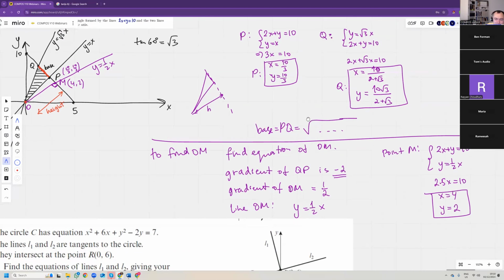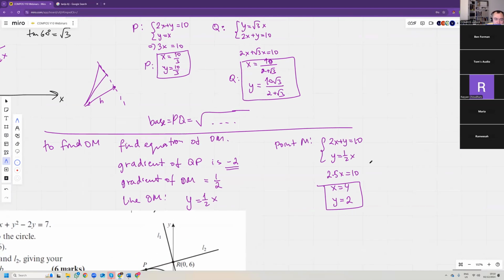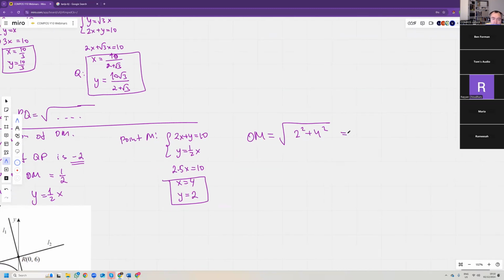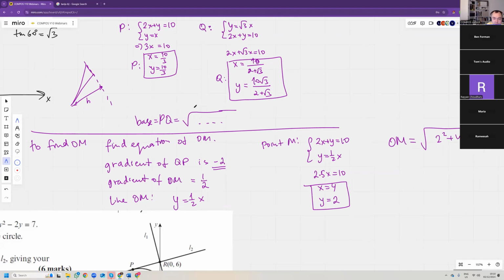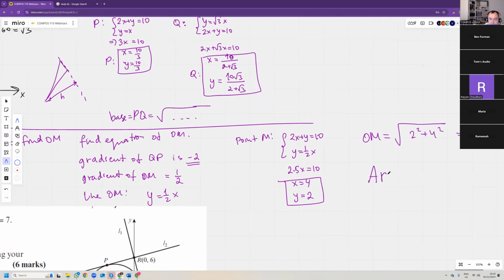So all you need to do is find OM. OM is square root of 2 squared plus 4 squared, which is 4 plus 16, square root of 20. That's 2 root 5. OM is 2 root 5. The base we have found previously, and the area of the triangle is 1/2 times the base times OM. I won't finish this question, but I really hope you got it.